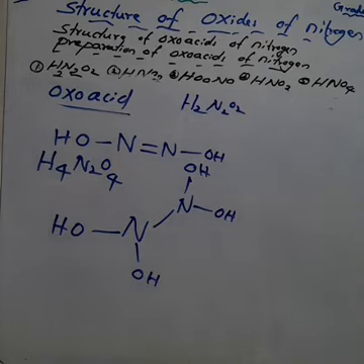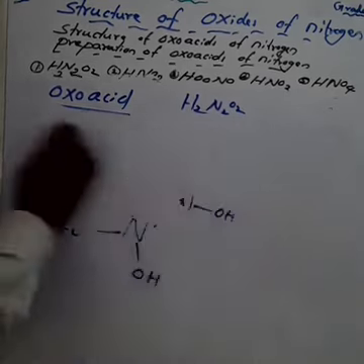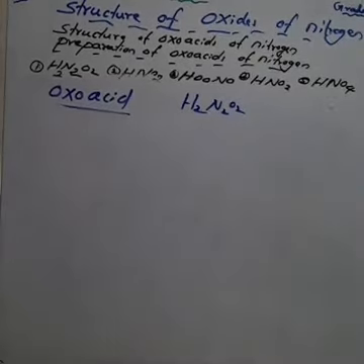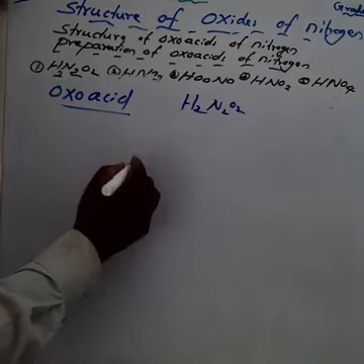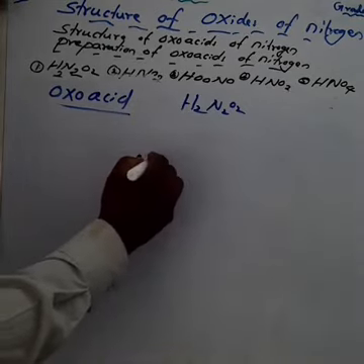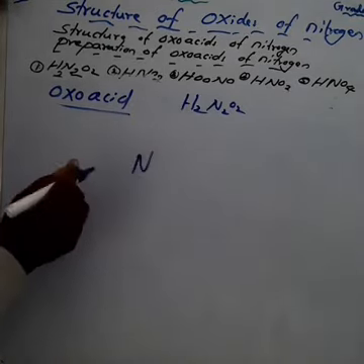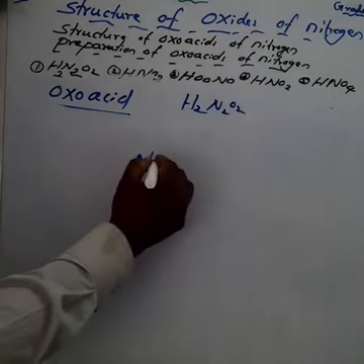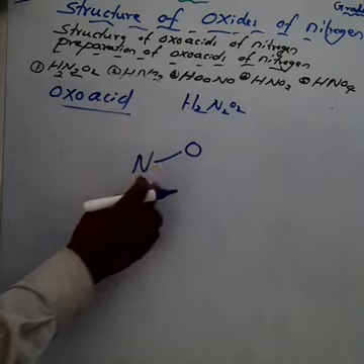Okay. Next one, nitrous acid formula HNO2. Am I right? How will you write HNO2? First you have to take a nitrogen. Next, how much hydrogen is there? 1 hydrogen. How much oxygen is there? 2 oxygen. So one side, any one side you make it oxygen.